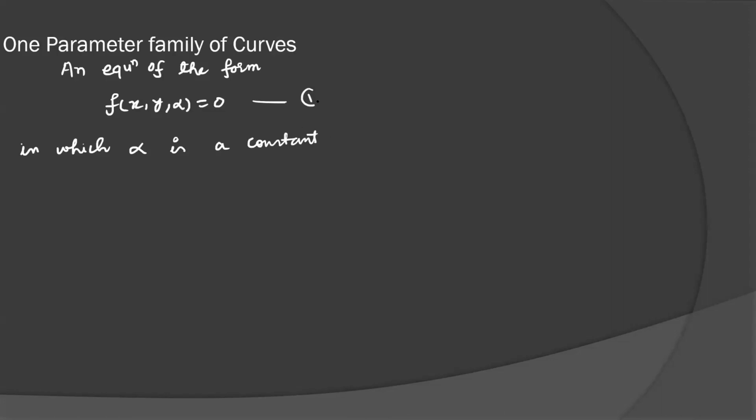Suppose this is equation 1. It represents a curve. If alpha is constant, then it is a curve.